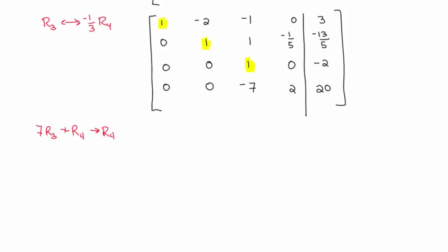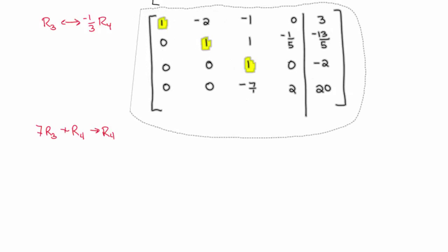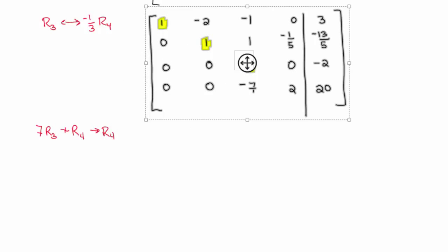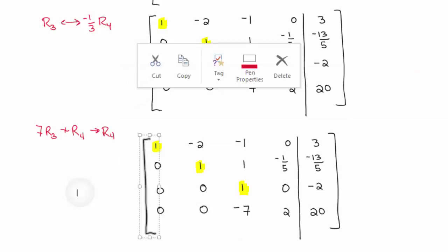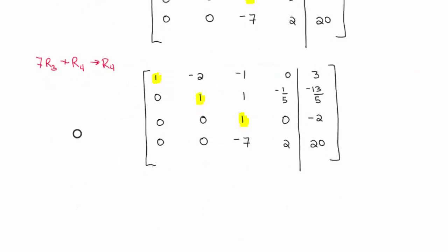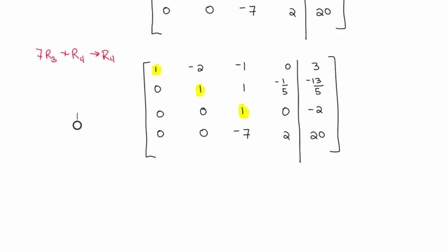So again, I'm actually going to save myself a little bit of time, and I'm just going to copy this. If you could do this on a piece of paper, that'd be awesome, right? So I copy that, paste it here. And again, we're taking 7 times row 3 and adding it to row 4. So let me just go ahead and erase row 4 completely so that we can see what happens.